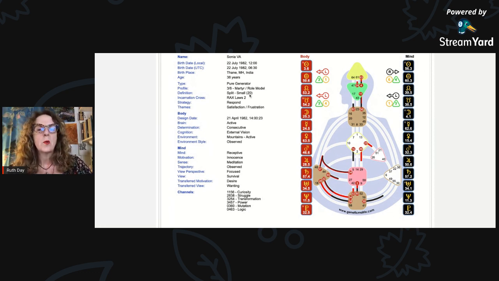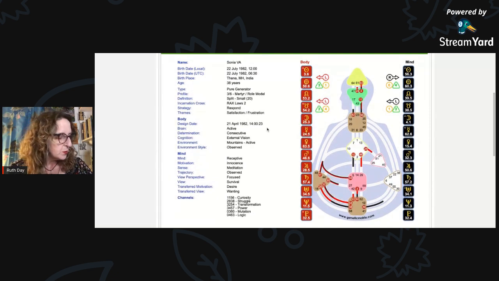Okay, I'm not going to do any more about this one right now, but the next thing we would get into would be the profile, which is here. That just tells you what kind of generator you're playing in the world. You would look at the incarnation cross, which tells us the path you were meant to travel, your life purpose here.